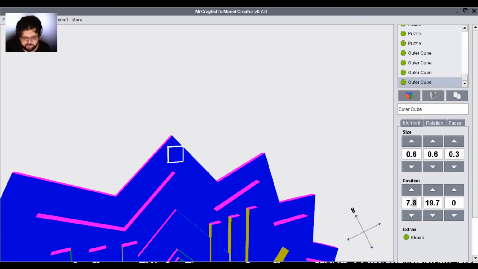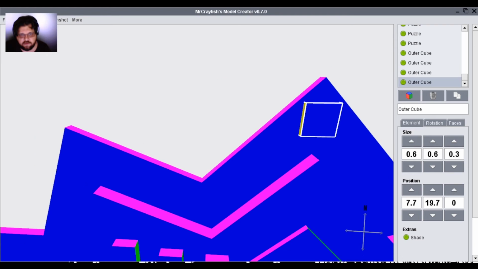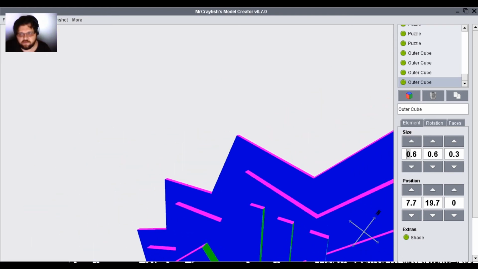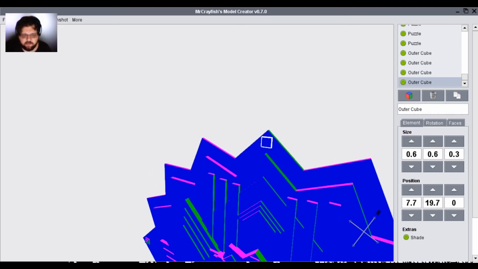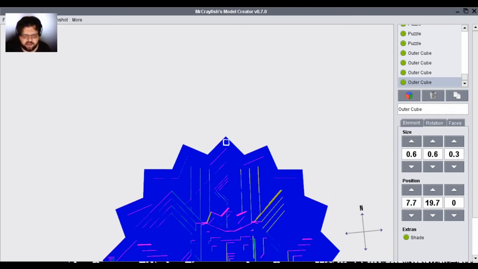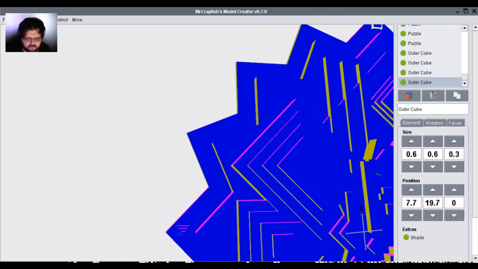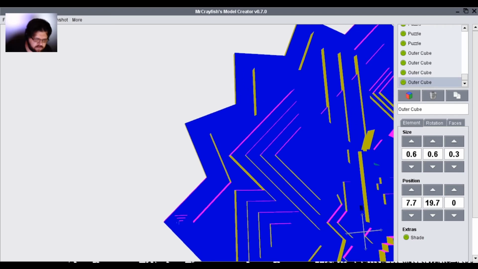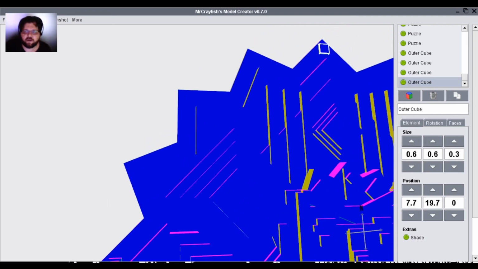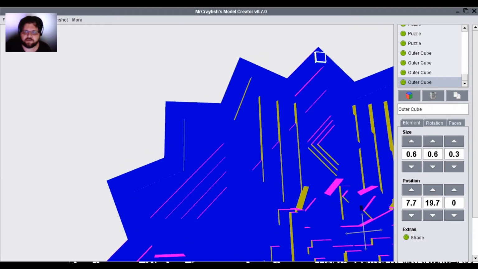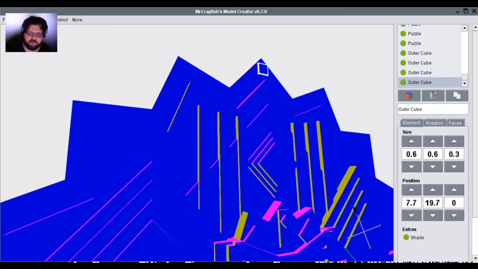And that appears to be a 7.7. A 7.7 indeed. But is it really that close to the edge? No, it's a little bit more equidistant, but not quite.